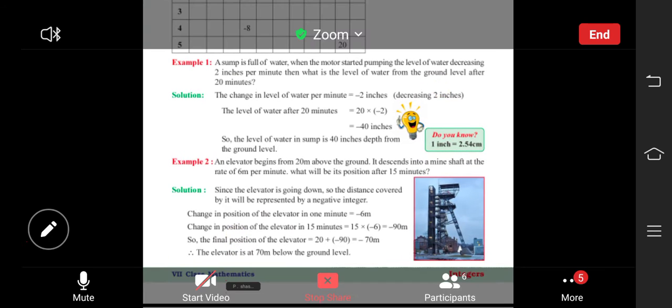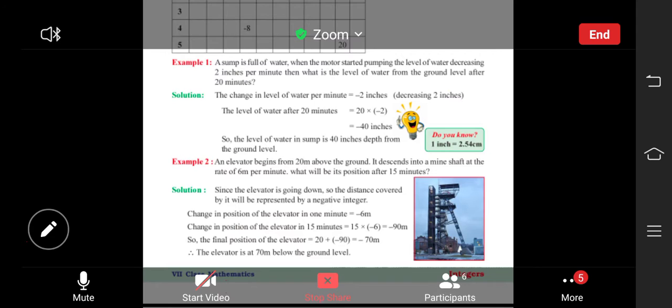See this one, children. Example 1. A sump is full of water. When the motor started pumping, the level of water decreased by 2 inches per minute. Then what is the level of water from the ground level after 20 minutes? After 20 minutes, you have to find.